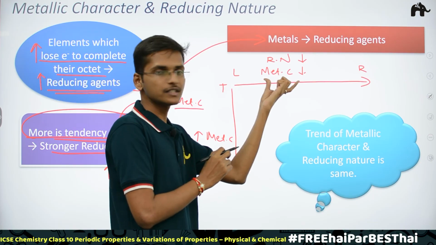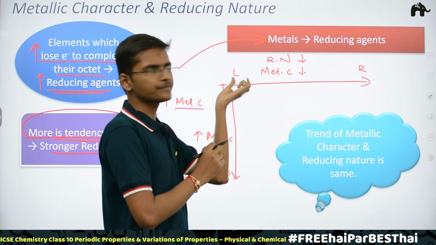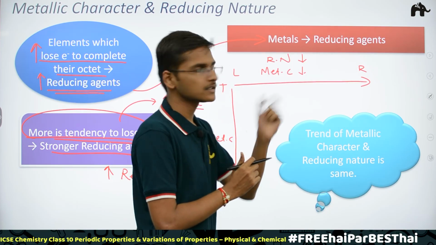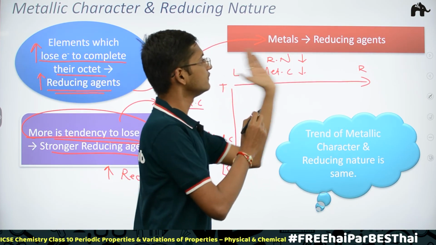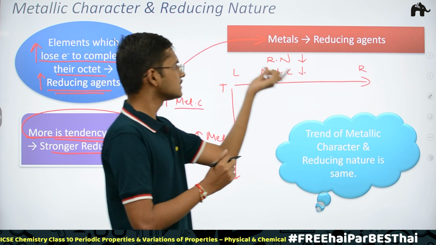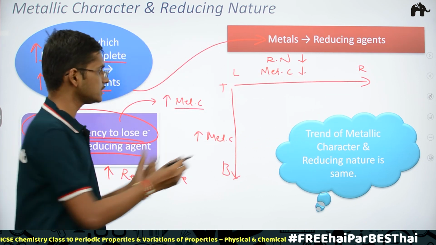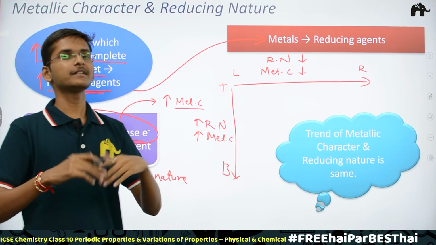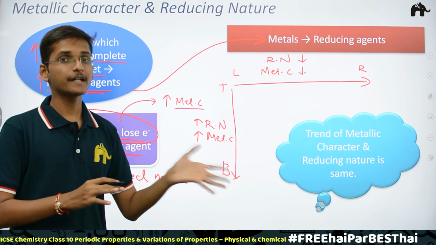Are you understanding this? If here it is more, then the reducing nature here is also more. Here if the metallic character is less, reducing nature is less. So reducing nature is also varying from more to less, which means the reducing nature is also decreasing. Similarly, if metallic character is increasing, reducing nature will also increase. So I am telling you a trick to remember the trend of reducing nature.